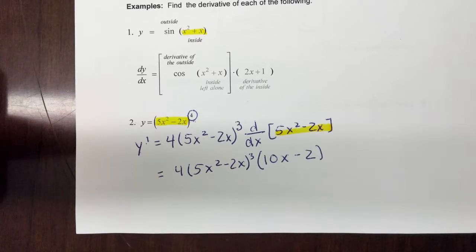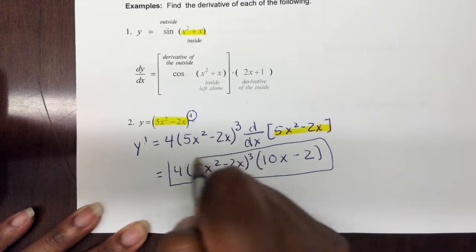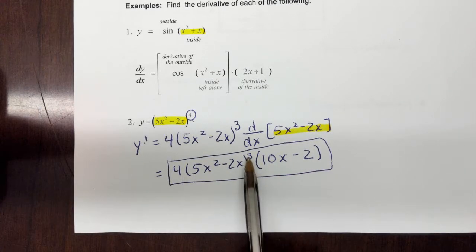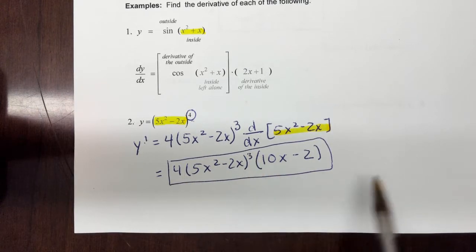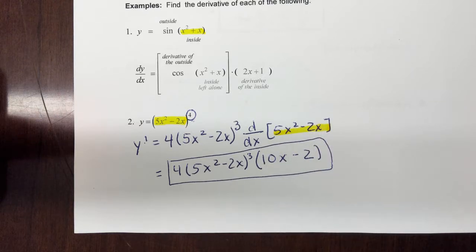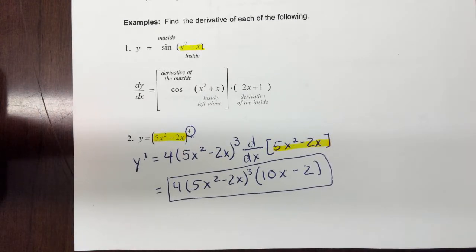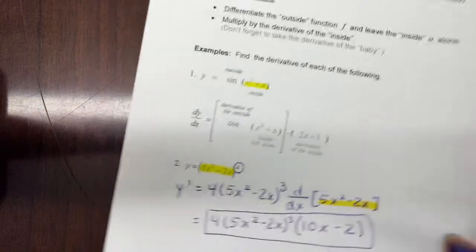So there's our final derivative of y. The derivative of the mama, when we brought down the 4 and subtracted by 1, and the derivative of the baby, which was the 5x squared minus 2x derivative. We're going to do a few more examples, and then I'm going to leave a few for you all to work on if you want extra practice.